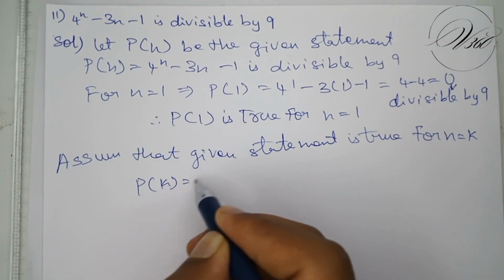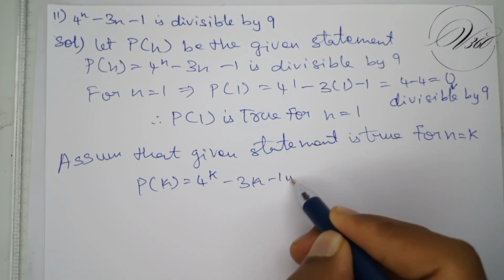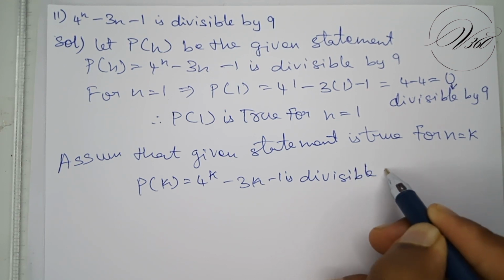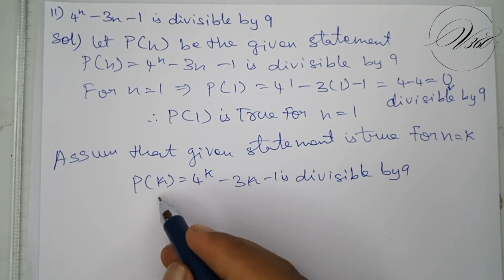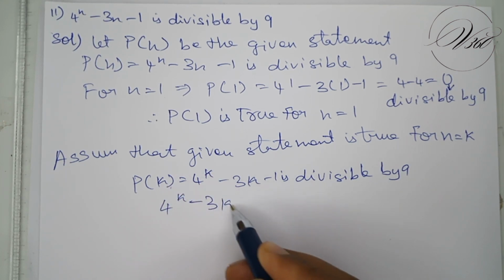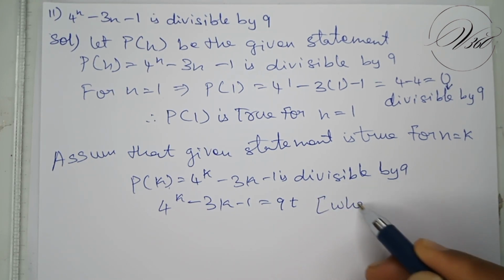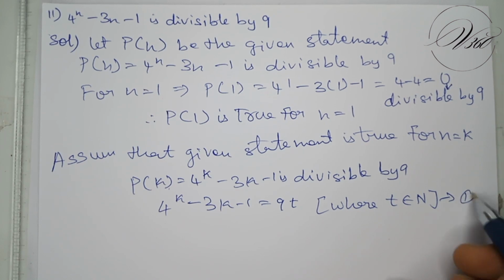P of k is equal to 4 to the power k minus 3k minus 1 is divisible by 9. So 4 to the power k minus 3k minus 1 is equal to 9t, where t belongs to N. This is the first equation.